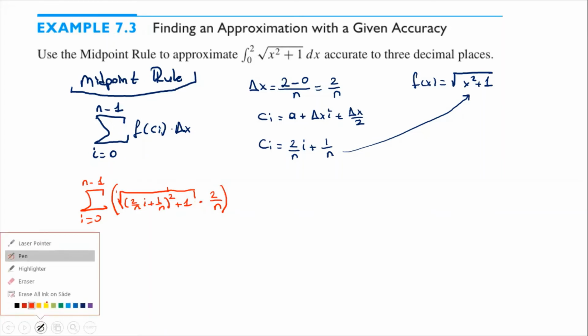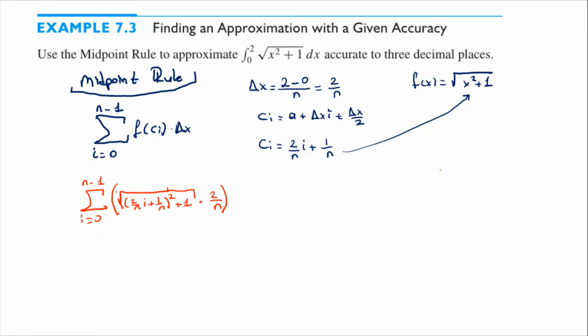So if you want to do this for 10 rectangles, let's say n is 10, then the formula is going to be the sum from 0 to 9 of the square root of (2 over 10 times i plus 1 over 10) squared plus 1, times 1 over 5, since 2 over 10 is 1 over 5.